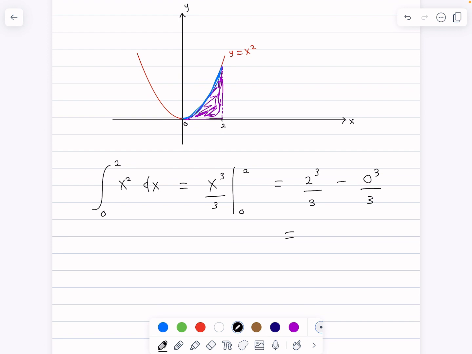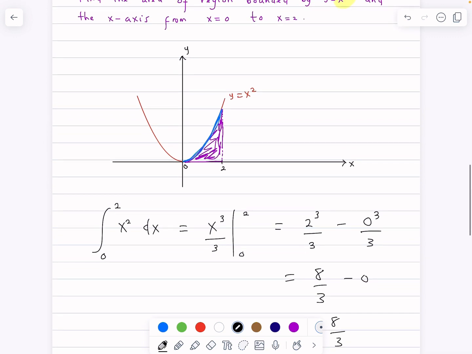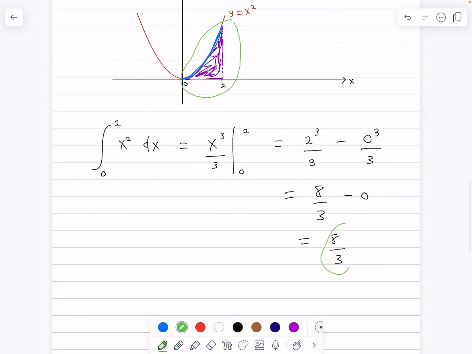This is just going to be 8 over 3 minus 0, and your answer is just 8 over 3. So the area of this shape here is equal to 8 over 3.